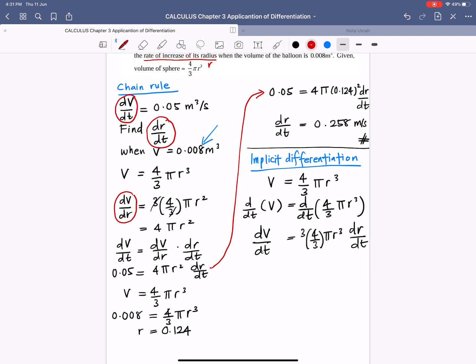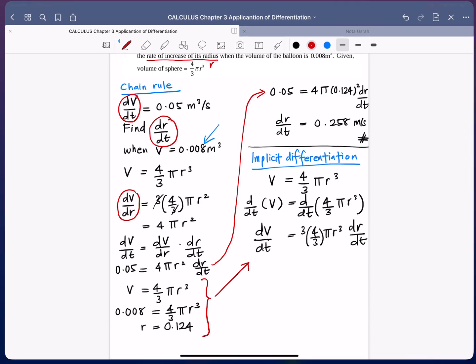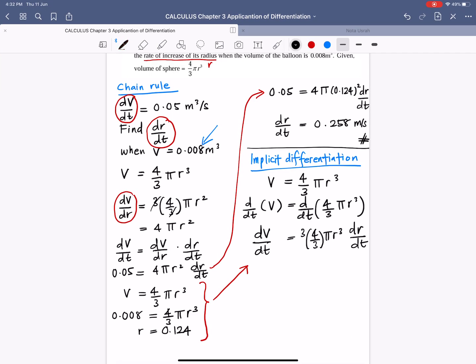Of course you need to include this also in your solution. Based on this, we know that r is 0.124. So what you have to do next is substitute r equals 0.124 into this equation. So dV/dt is, we know that it is 0.05.